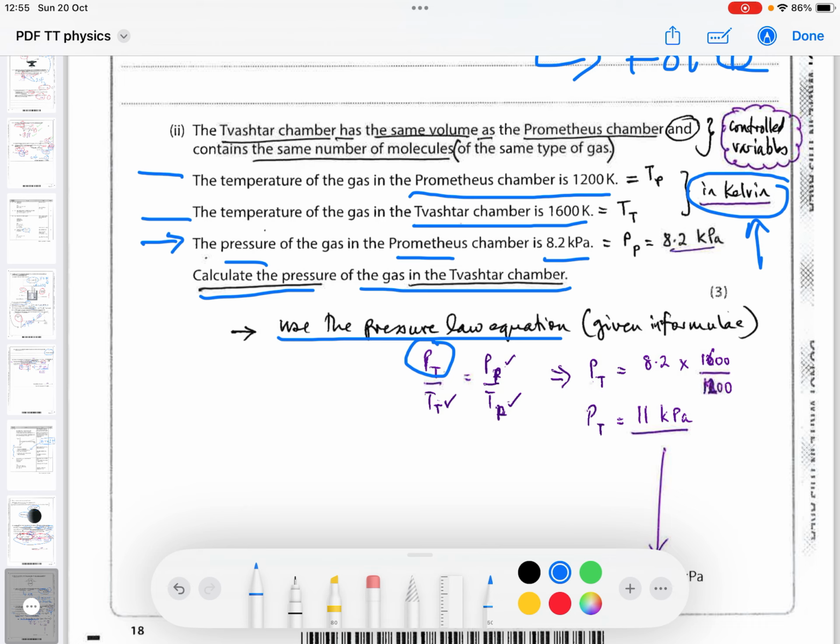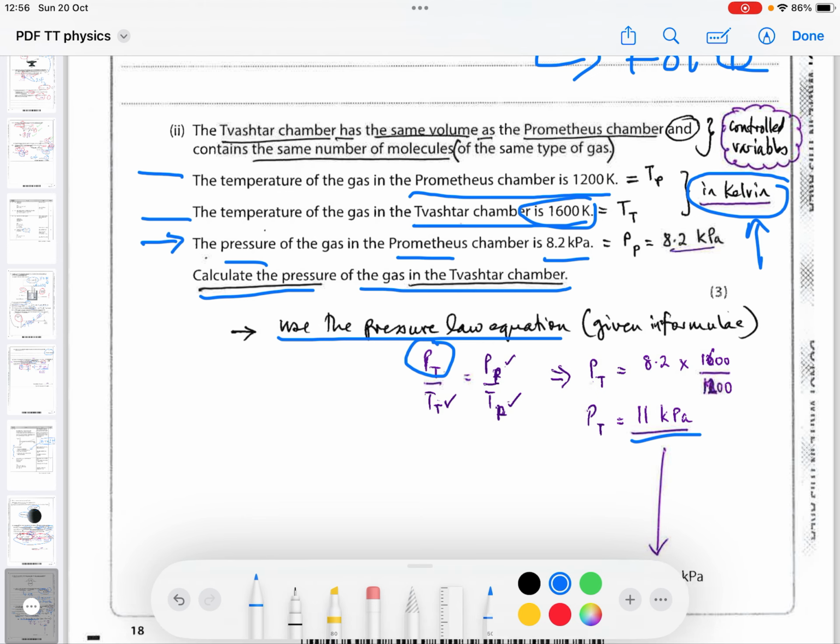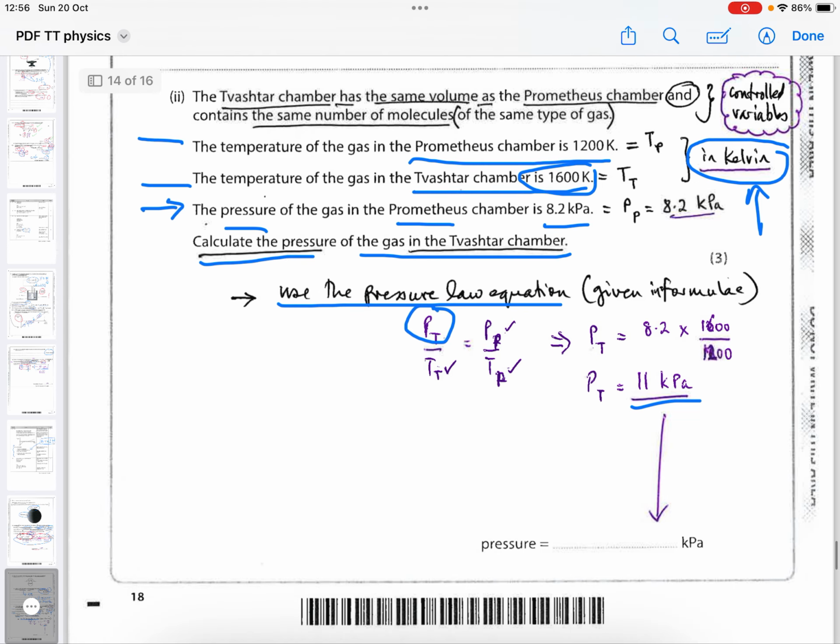So you multiply both sides by the temperature of Tvashtar, which is 1600. Yes, so the ratio will be 16 to 12, the ratio of temperatures. Yeah, multiply by the initial pressure, the pressure in the smaller one, and you'll come up with 11 kilopascals. Again, to two significant figures, and all you've got to do is to write that answer in the space provided.